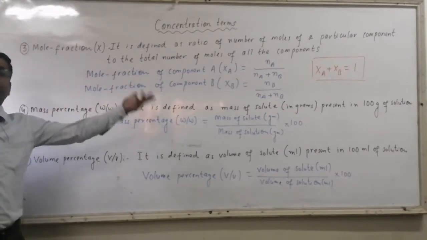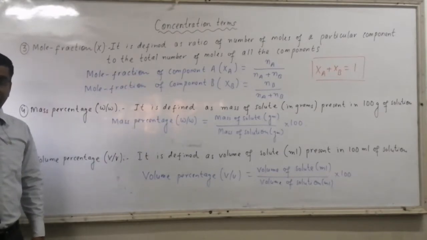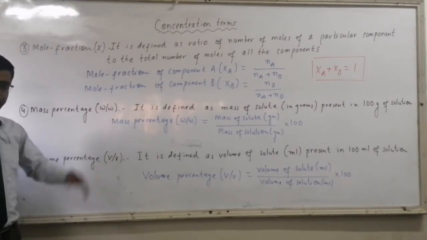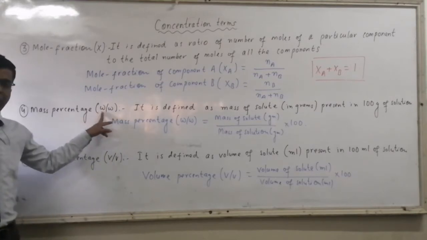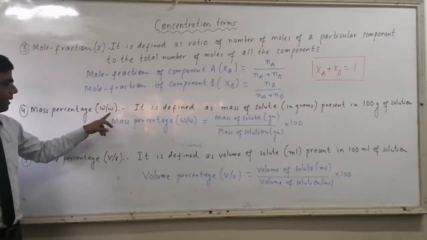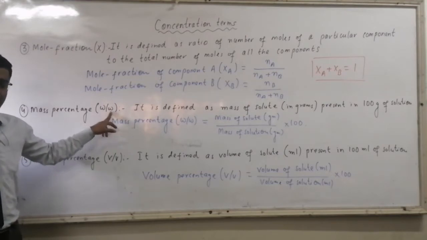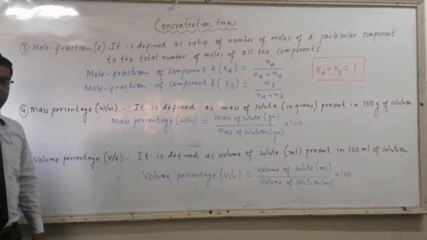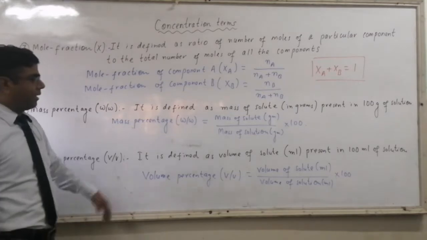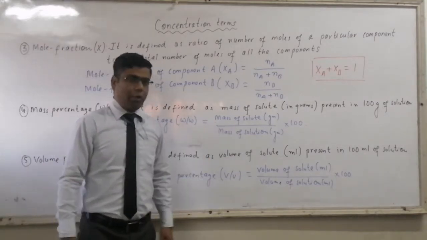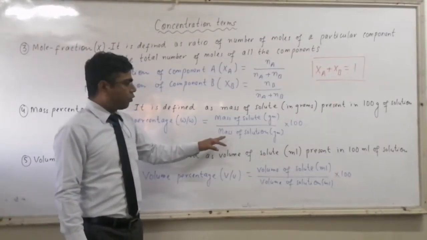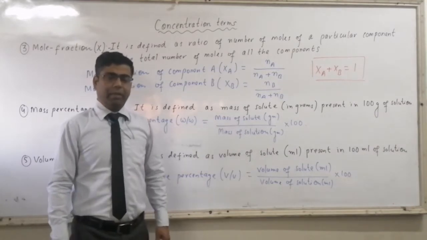Mass per 100 gram of solution, represented as W by W. The first W stands for mass of solute and the second W stands for mass of solution. Formula: mass percentage equals mass of solute divided by mass of solution, into 100.